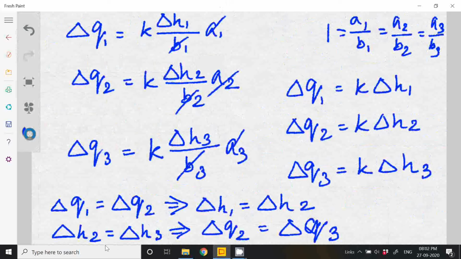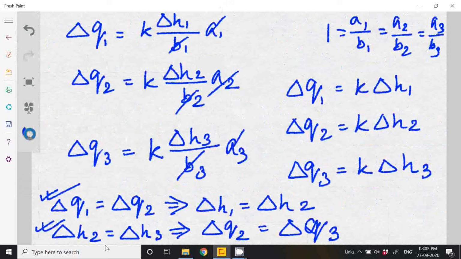Delta q1 is equal to delta q2 because they were in between the same flow lines. So the flow is same between two same flow lines. And delta h2 is equal to delta h3 because this was the head difference between two same equipotential lines. Okay, we have already discussed it.